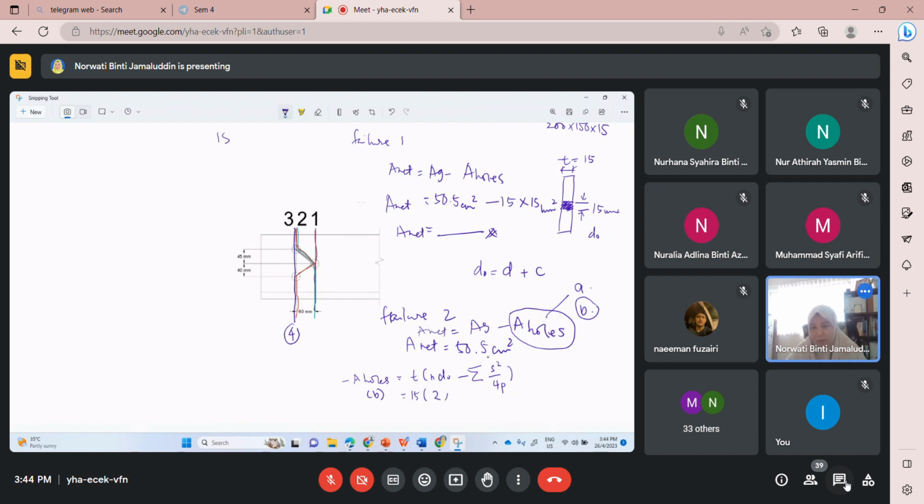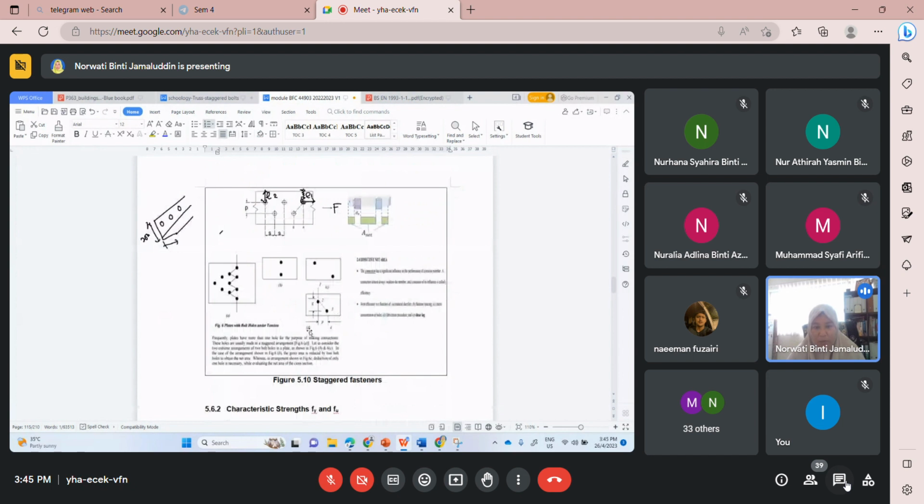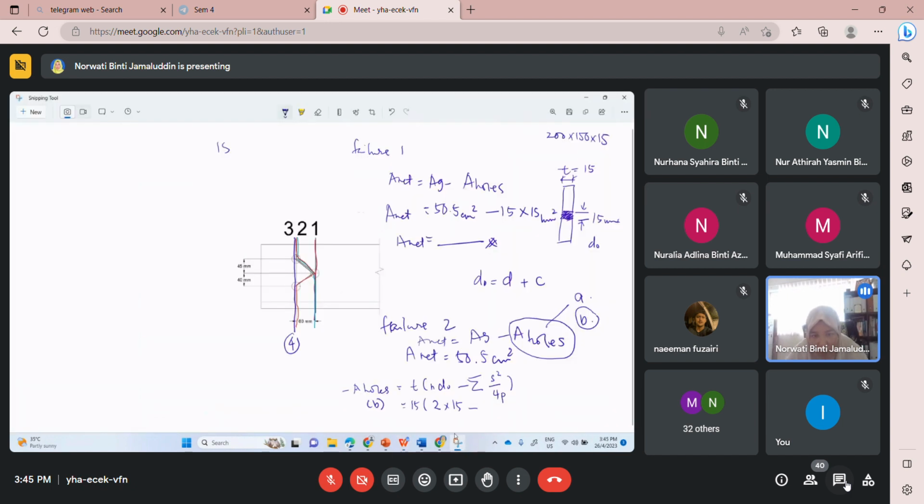D naught is given as 15, minus S. What is S? S is the staggered pitch of the 2 consecutive holes, meaning this one, S.